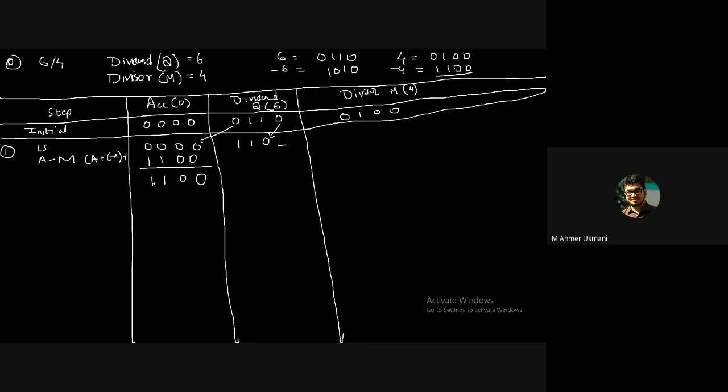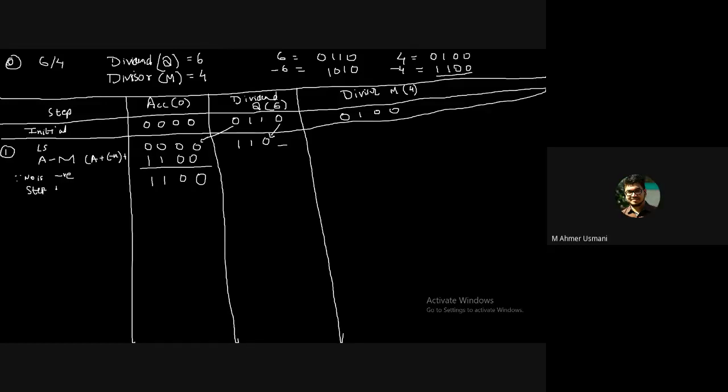Clear? Yes, sir. Check whether the number is negative or positive. It is negative. How can you say it is negative? Because the MSB is 1. So since the number is negative, is the step successful or unsuccessful? Unsuccessful.